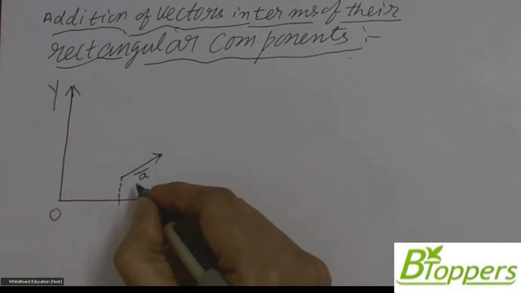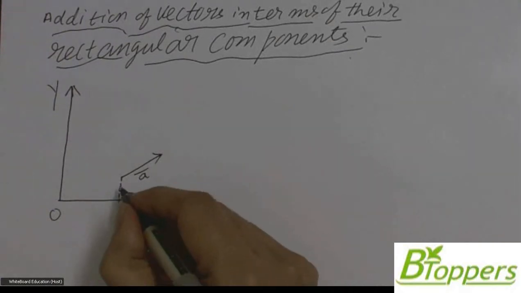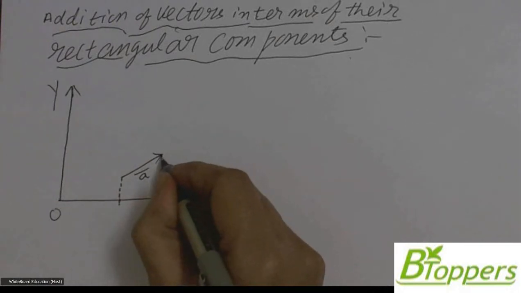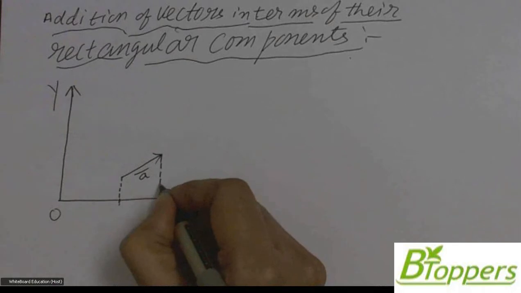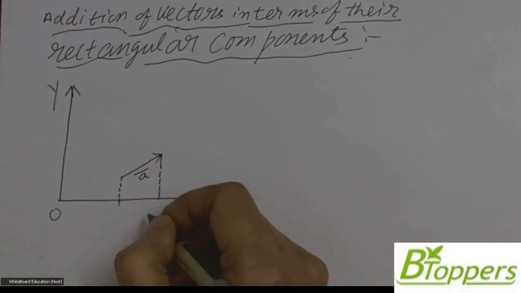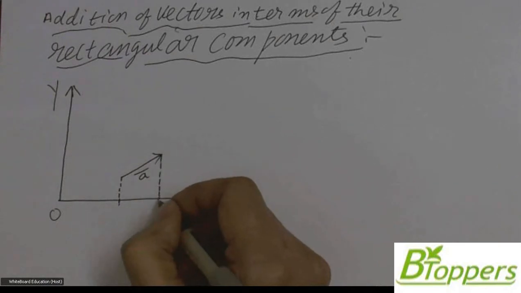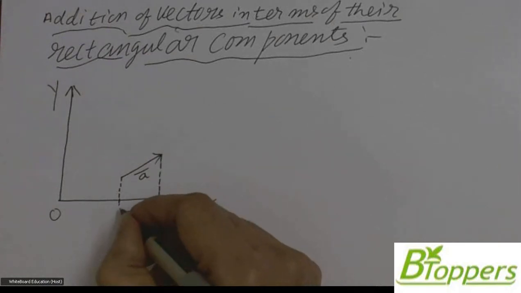Drop a perpendicular from the tail of the vector a bar on the x-axis. Drop a perpendicular from the head of the vector a bar on the x-axis.